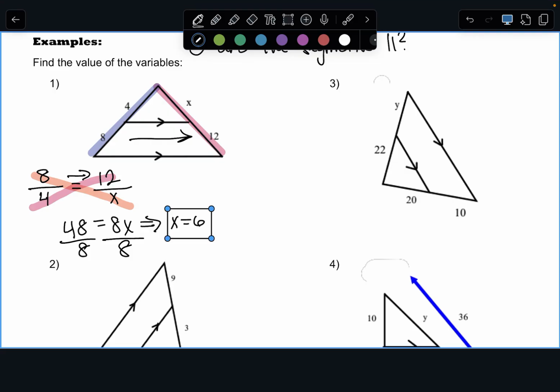Now we look at our other side. Our parts are 1 and 10. Which of those go to 22? Which is directly across from 20. So let's put 20 across from our 22. Let's put 10 on the other one. Put an equal sign in between. Cross both. There you go. And then you're good.